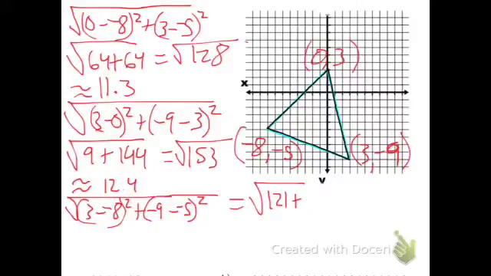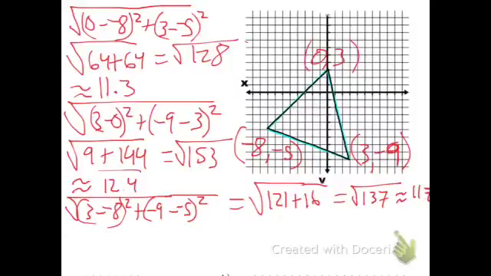When you square that, you'll get 16. If you add those two numbers together, you're looking at 137. The square root of 137 is approximately 11.7.